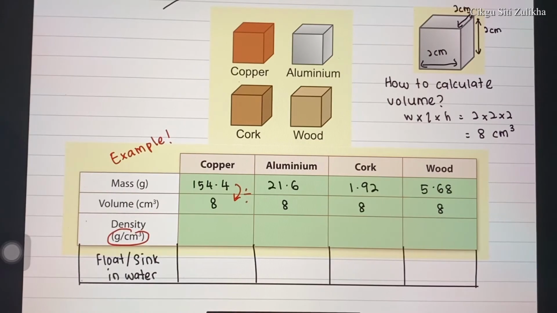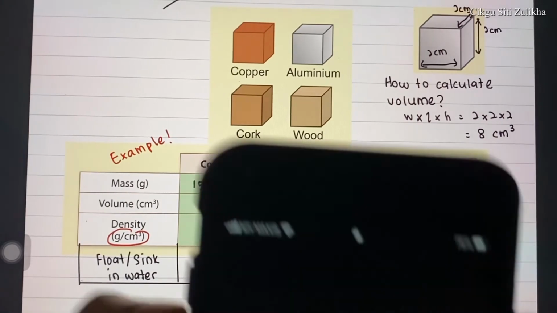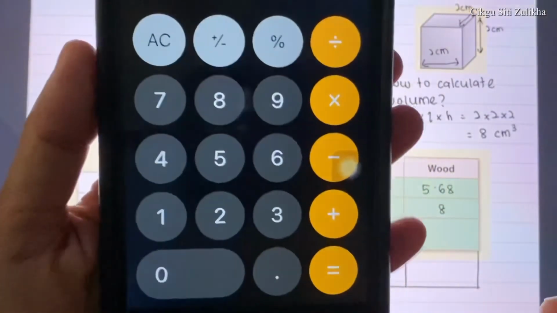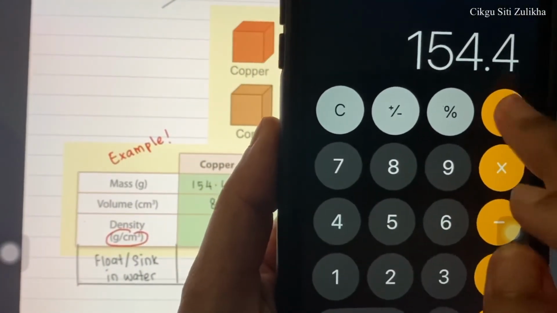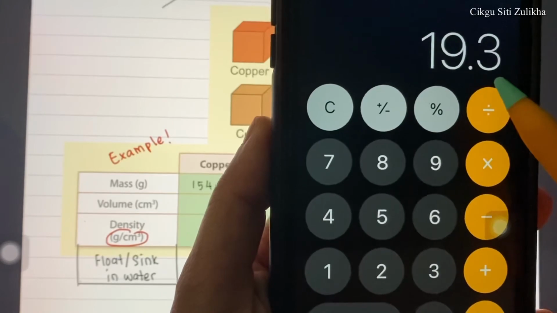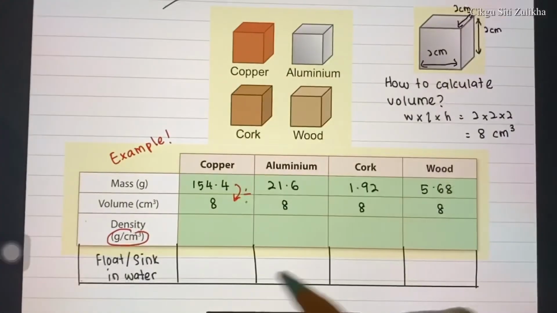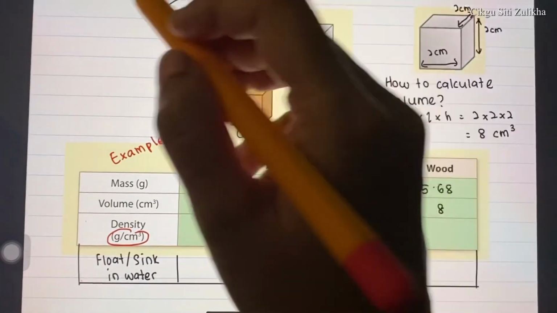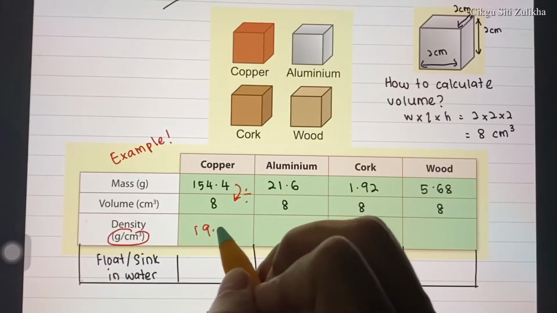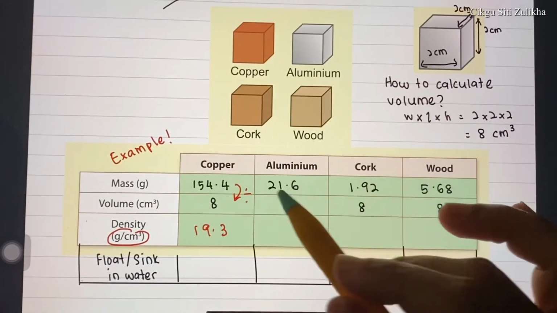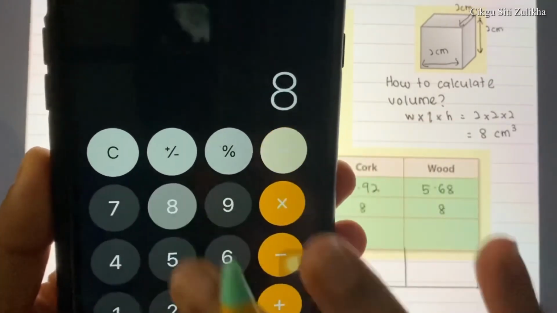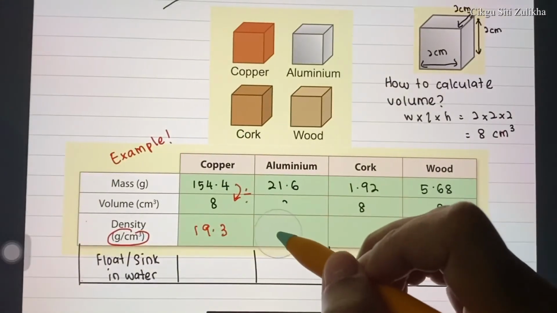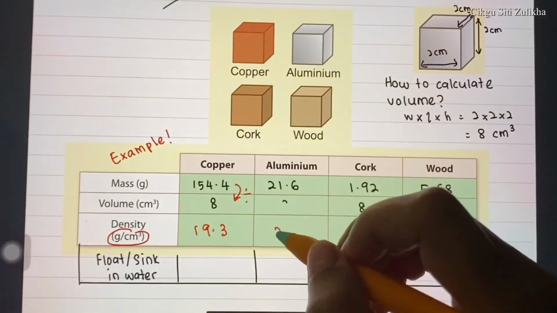154.4 kita bahagi dengan, tunjuk kat sini. Okay, 154.4 kita divide dengan 8. So, answer kita adalah 19.3. We go for the aluminium. 21.6 bahagi 8. 2.7.